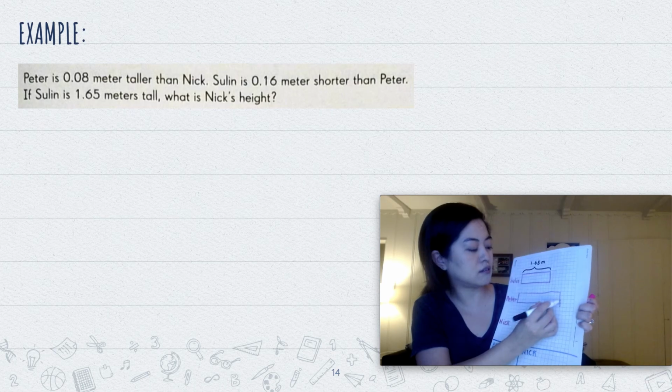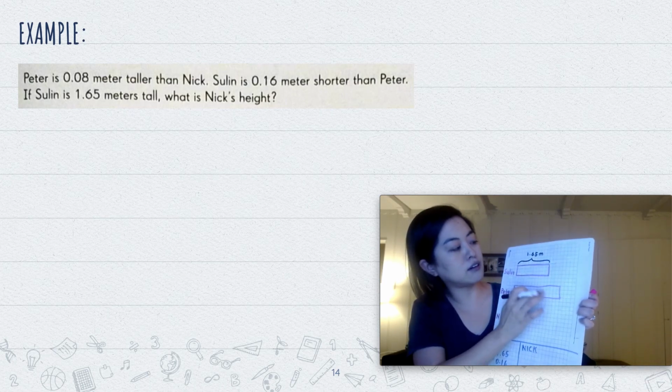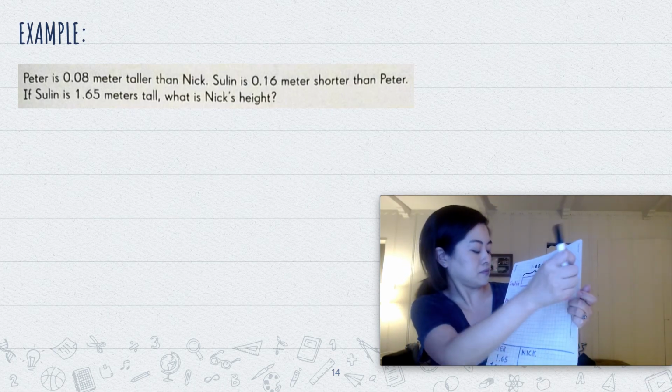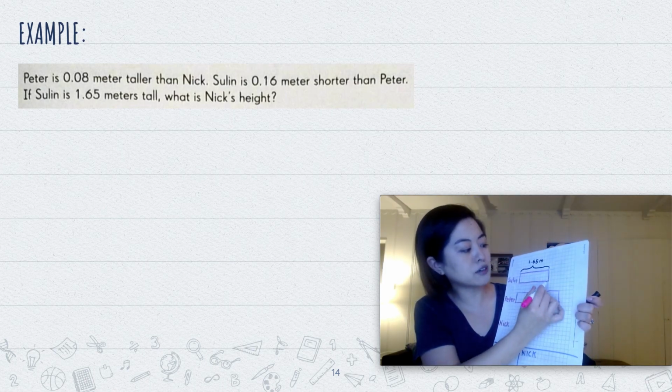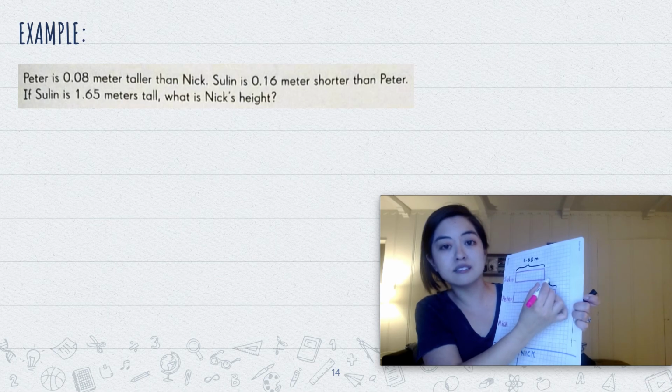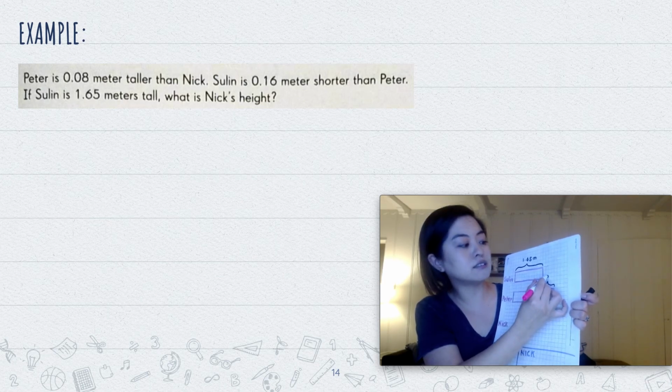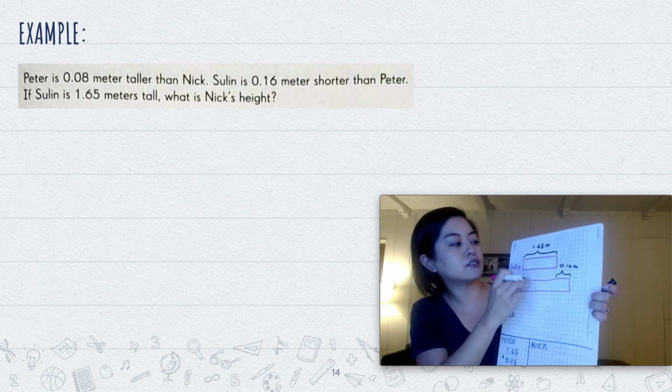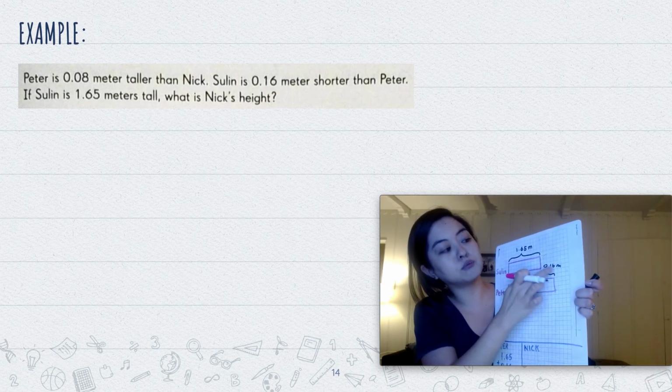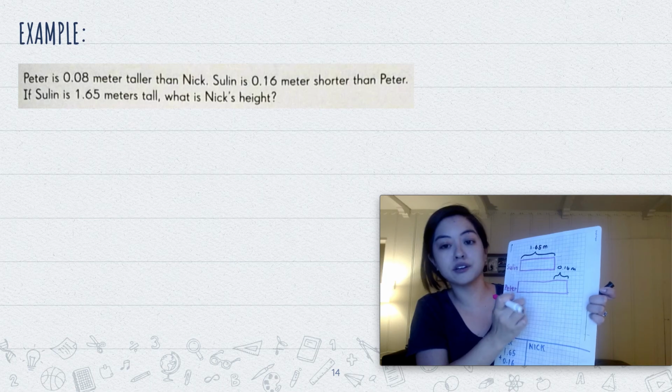Okay, so this is bigger because he's taller than Sulin. And how much taller is he? Okay, well, he is 0.16 meters taller than Sulin, because Sulin is 0.16 meters shorter than Peter, okay?